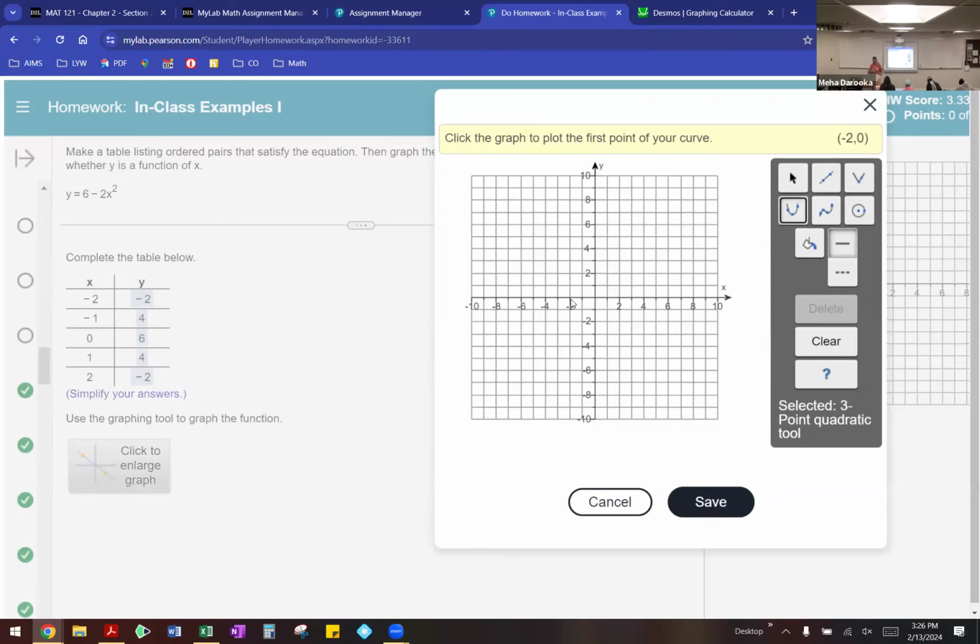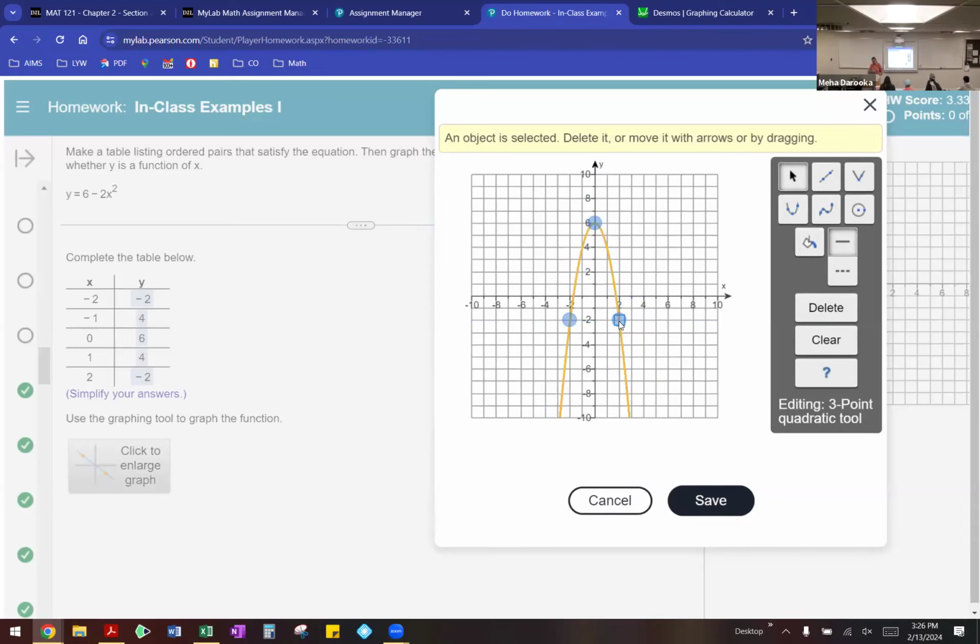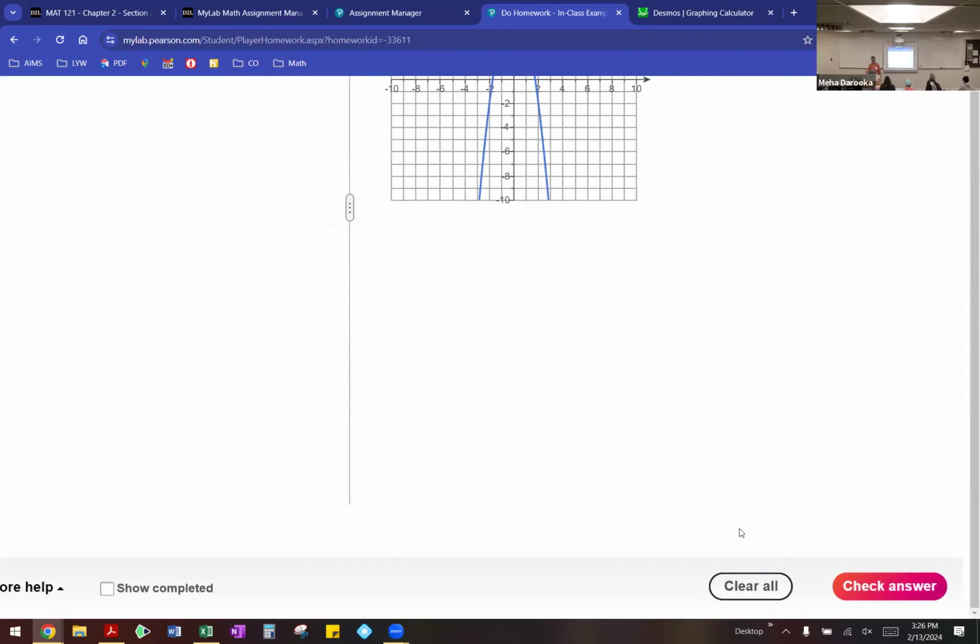I'll use -2 and -2 as one of my points. I guess I'll do the middle one, 0, 6, that looks good. And then the other one, +2 and -2. So get your 3 points there. Save, check your answer.